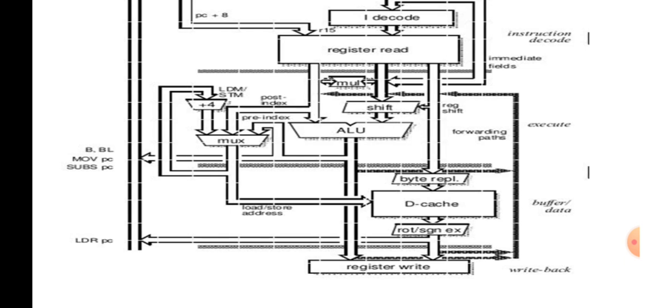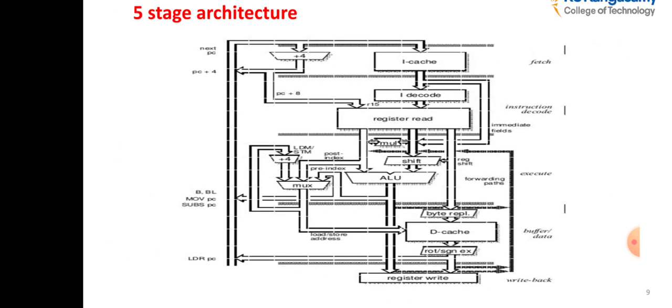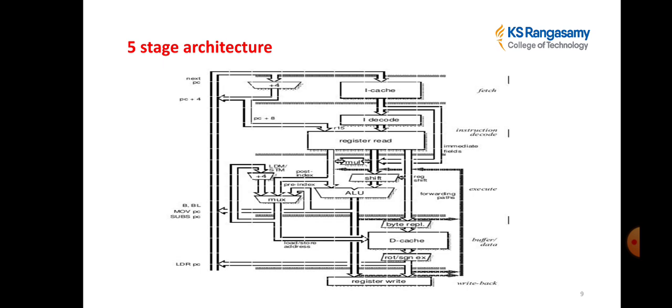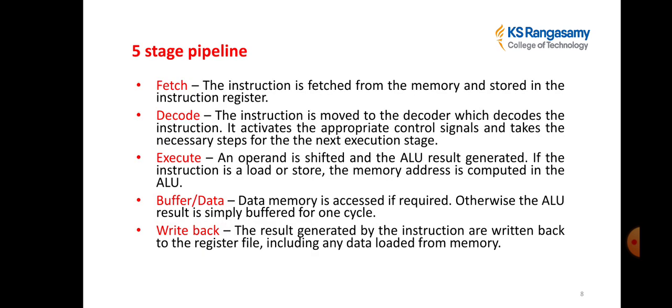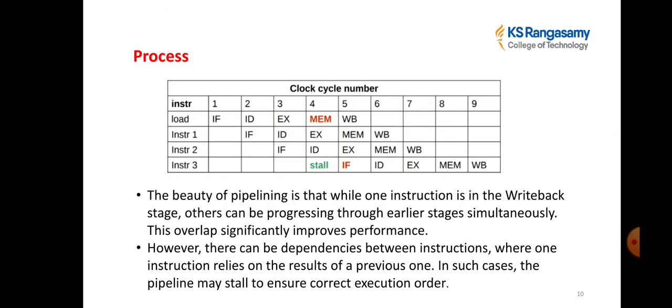We have almost the same things as in the 3 stage pipelining process, but with an extra instruction fetch and decode. The buffer data and write back to register happen in these stages.